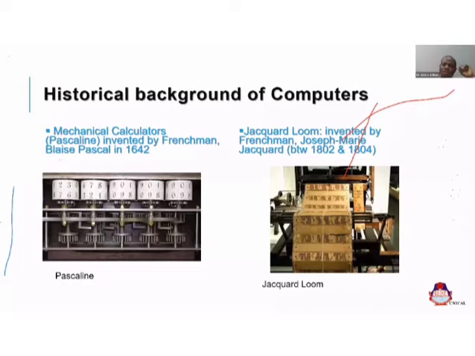Then we got to the time of the Jacquard loom. The Jacquard loom was invented by a Frenchman called Joseph Marie Jacquard between 1802 and 1804. This machine was originally designed for the textile industry to design patterns on clothing. But because in those days information was keyed into cards, they call them punch cards.